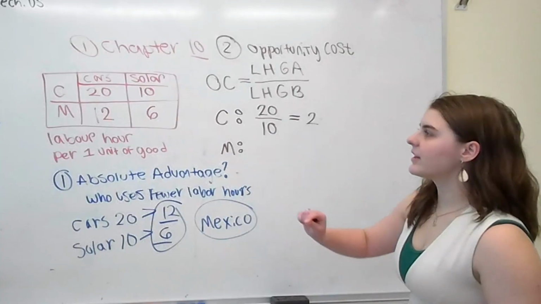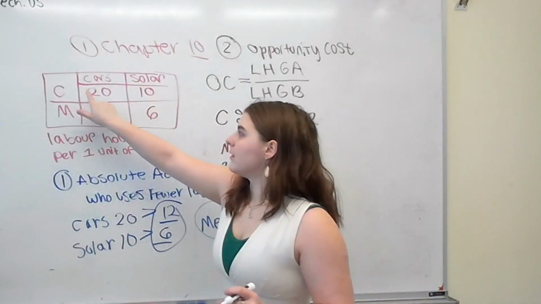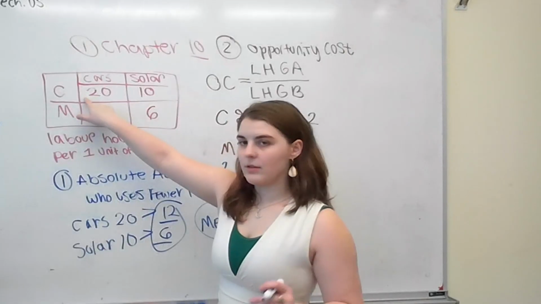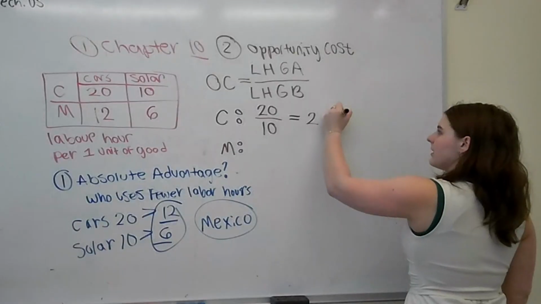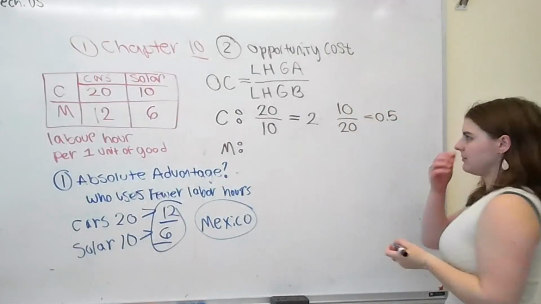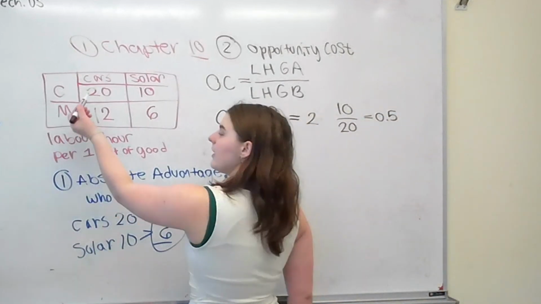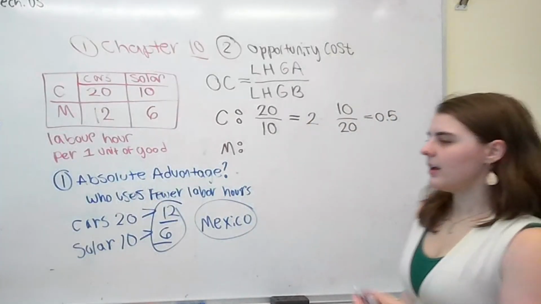So for every one solar panel you can produce half of a car, and vice versa, right? So that would be like this. So if I made a car, I could produce 2 solar panels in that same amount of time.